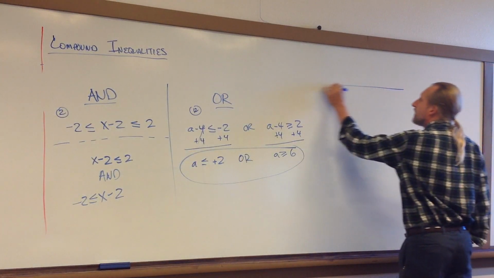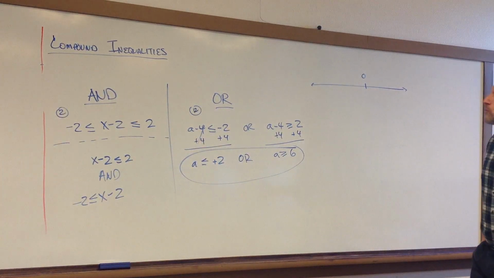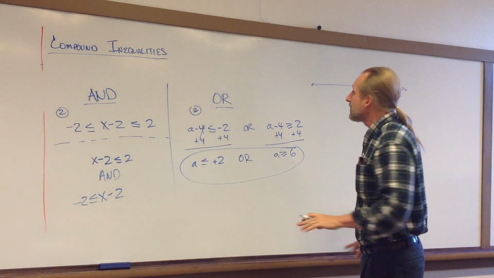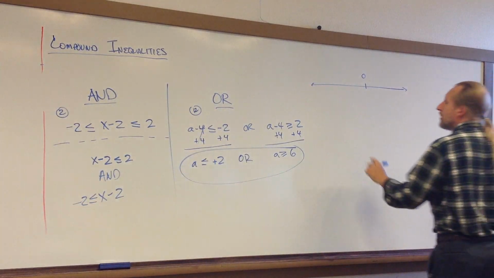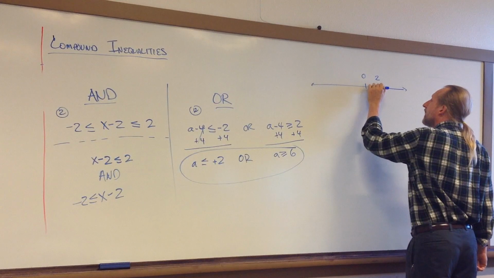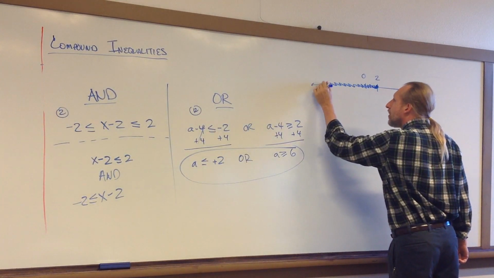And if we put this on a number line, what you'll see is the standard way that these or statements typically come out, which is that you'll see things going off in two opposite directions. So less than or equal to +2 would look like this.